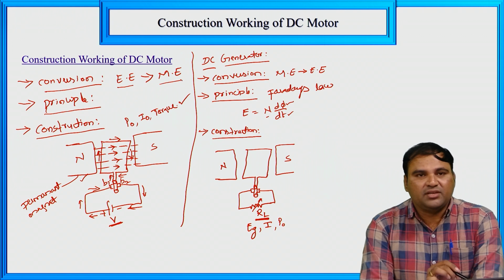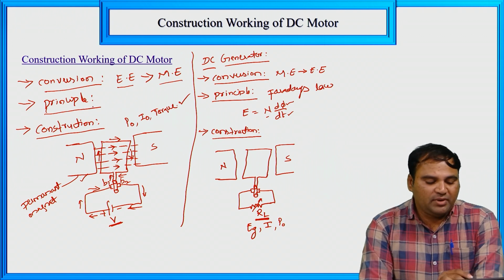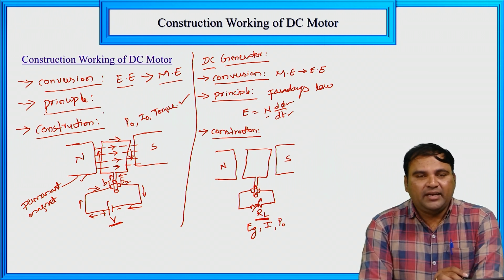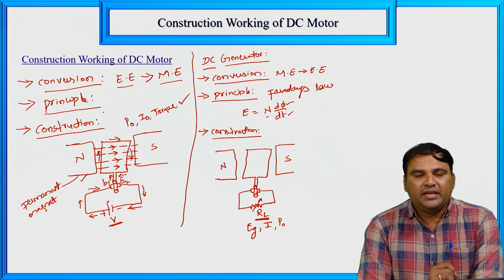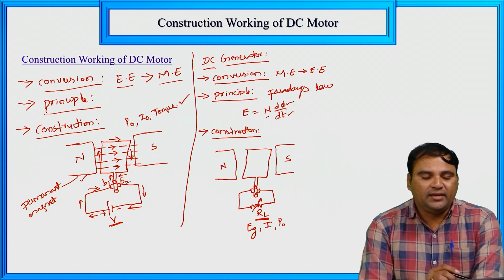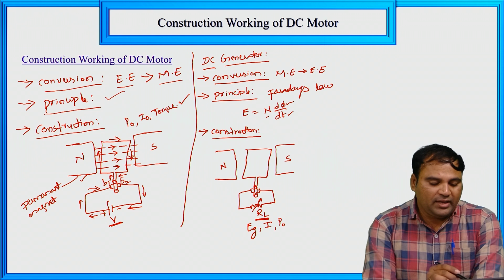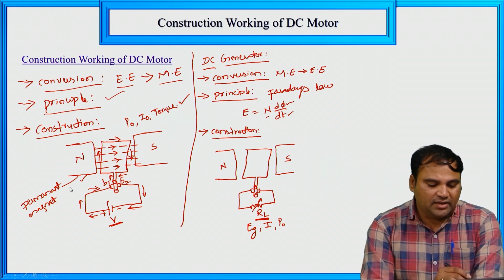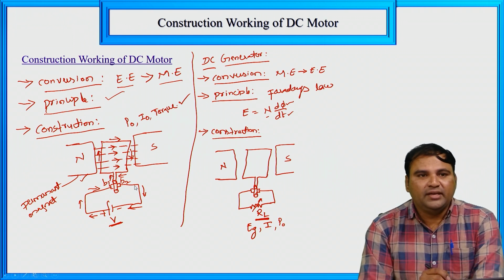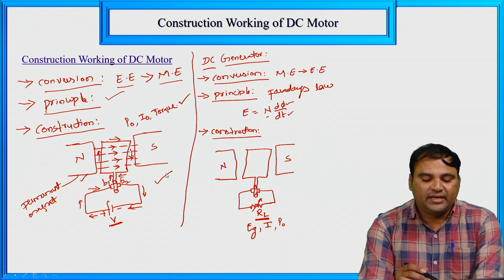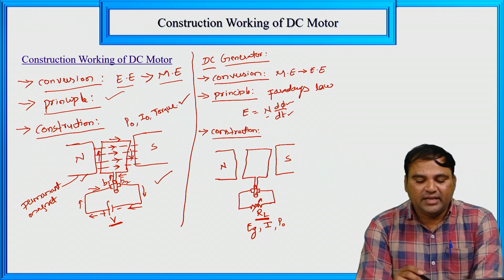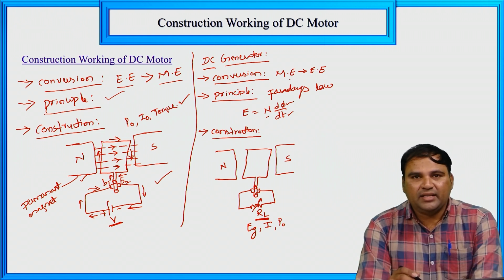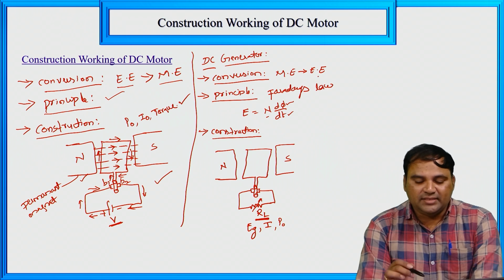The principle of the DC motor is that when a current carrying conductor is placed in a magnetic field, a mechanical force is experienced by the conductor. And here is the simple construction of a DC motor. For the DC generator, the conversion is that it converts mechanical energy into electrical energy.